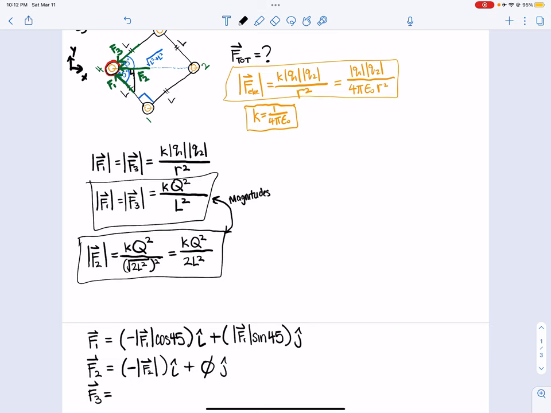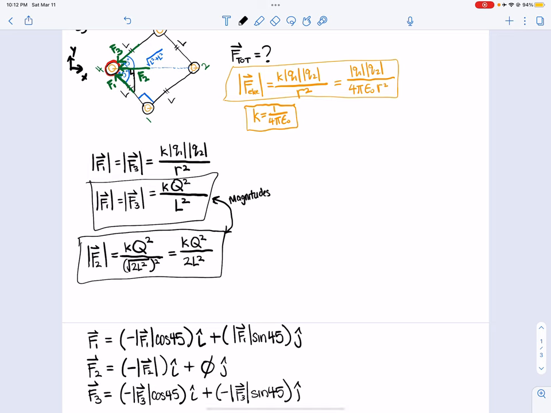So for F3, we have negative the magnitude of force 3 times cosine 45, plus negative the magnitude of force 3 sine 45, right?